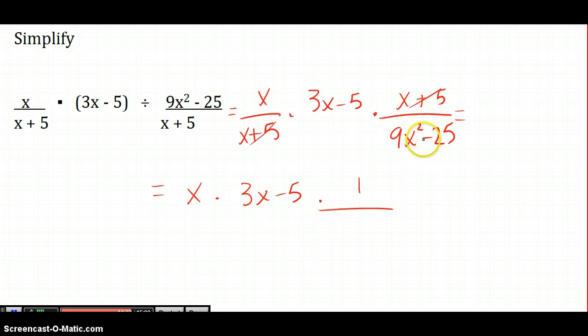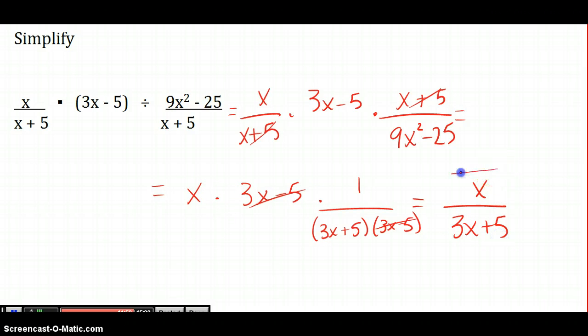And we can factor this because this is the difference of two squares. 9 is a perfect square and 25 is a perfect square. So if you factor this, you should have 3x plus 5 and 3x minus 5. You just use the square roots of each. So then, magically, your 3x minus 5s cancel out. And your answer is just x, because you have this x on top, over 3x plus 5. And that's your answer.